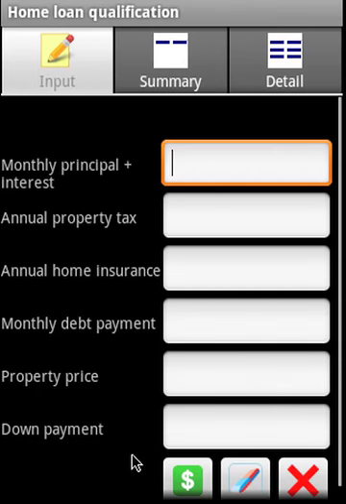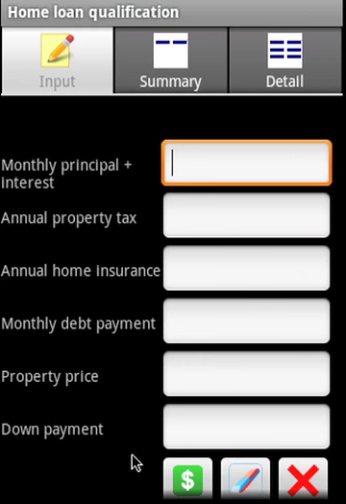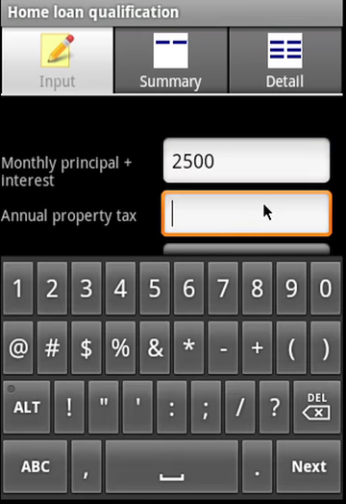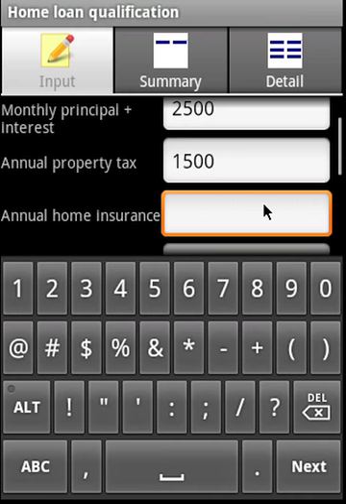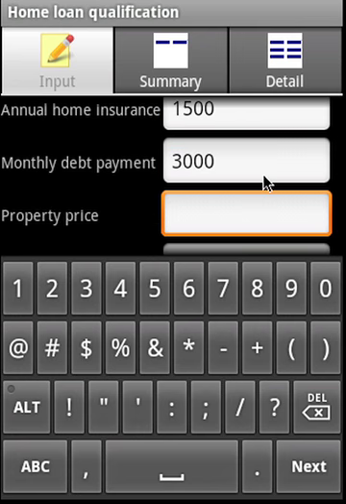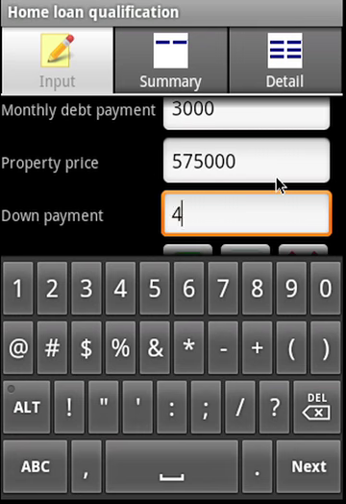Then qualification, that means how much income you would need to qualify for a certain house. Say monthly principal and interest payment is 2,500, property tax is 1,500, your insurance is 1,500, property tax is 15,000, and your debt payment is 3,000, and your property price is 575,000, and then your down payment is 150,000.